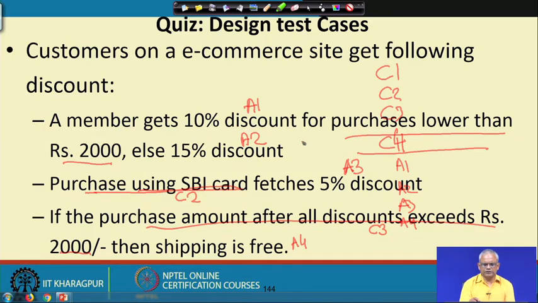that is purchase is lower than 2000, C1 is yes, C2 is it is not purchased using SBI card, C3 is the purchase amount exceeds 2000 rupees after all discount, we will say no, and then we will see that the discount is 10% yes and the rest are no, and so on.